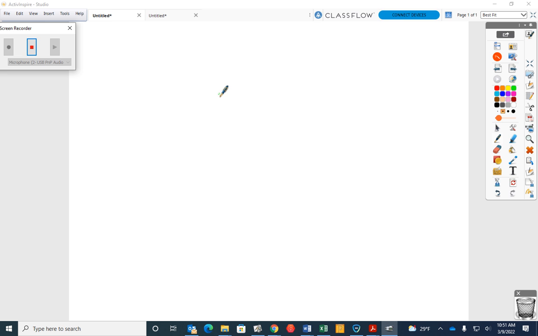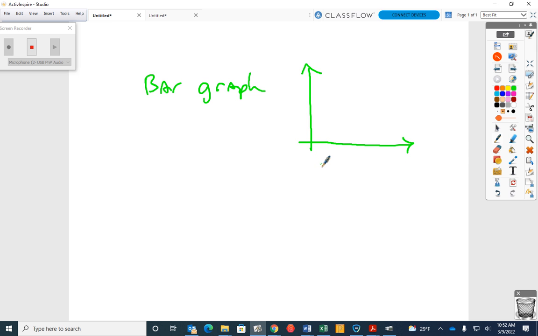Okay, so the first one, basically what I want to do is just show you what these look like. A regular bar graph is going to have, down here, some kind of a specific value.